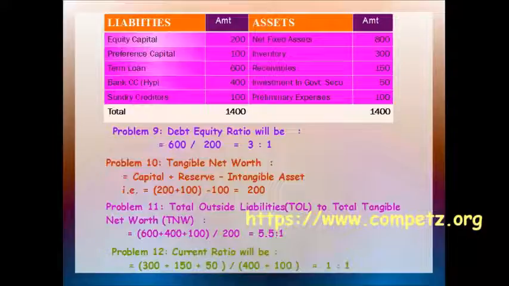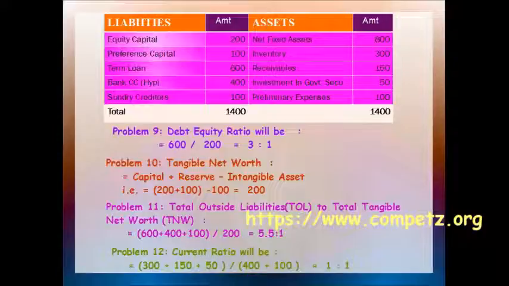pose a problem for the organization to repay its obligations during a specified term or during a stress period. Okay, so your total outside liabilities divided by your total tangible net worth shall be less than 3.